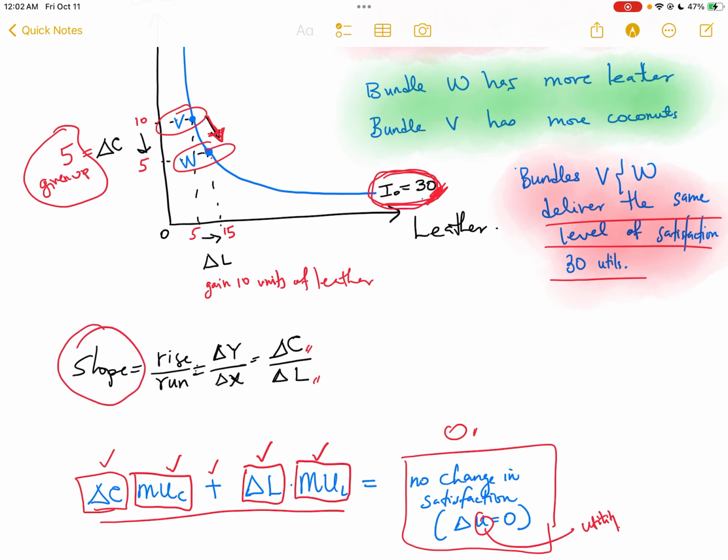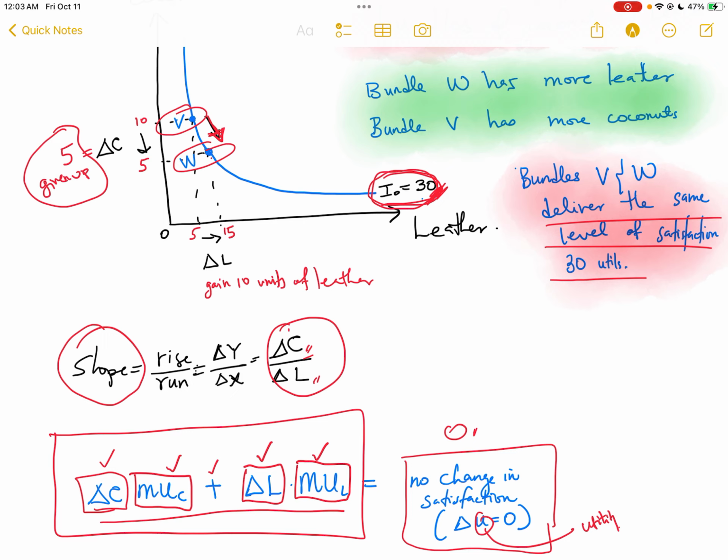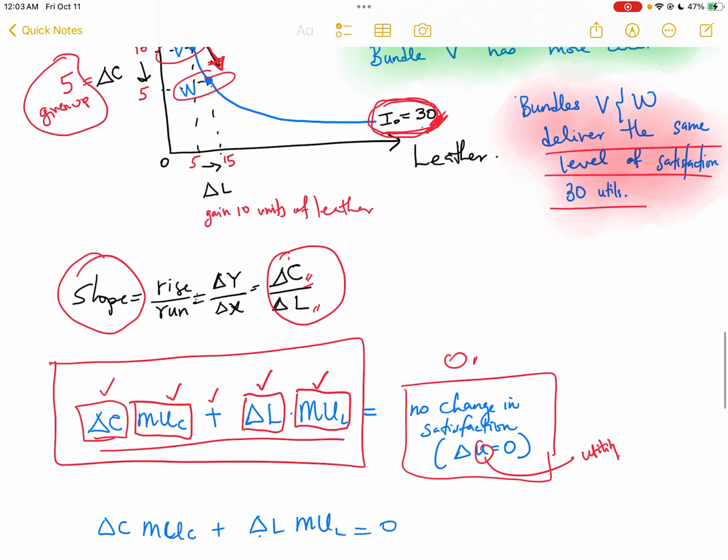Now, mind you, we said slope is characterized as change in C over change in L. Change in coconut over change in leather. Change in the thing on the y-axis divided by change in the thing on the x-axis. So we are going to rewrite all of this with change in C over change in L on the right-hand side. Let's do that.